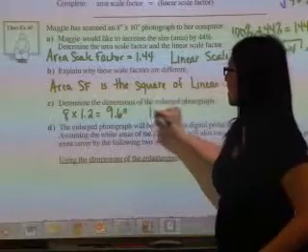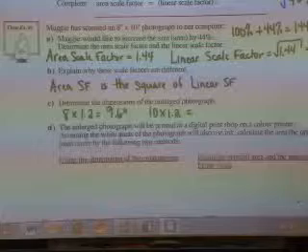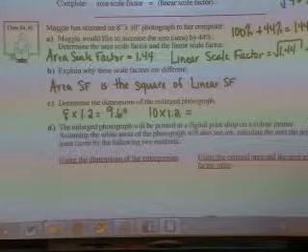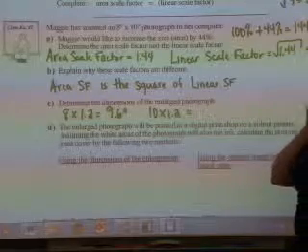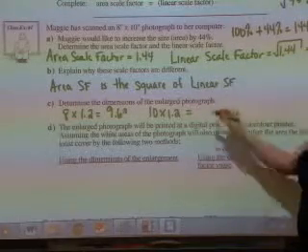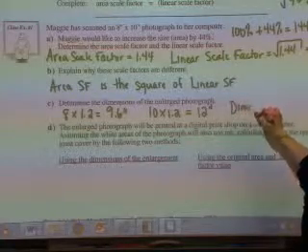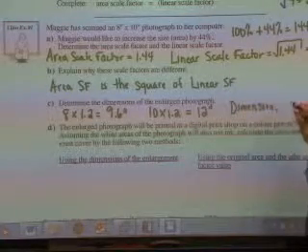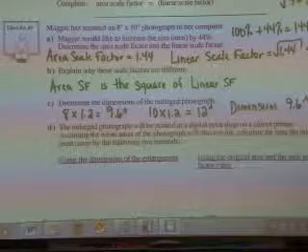And if I had a length of 10 multiplied by the linear scale factor, what do I get? So the dimensions of the new photograph are 9.6 by 12.